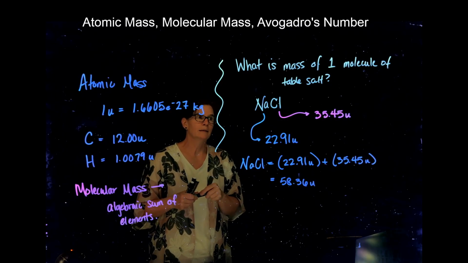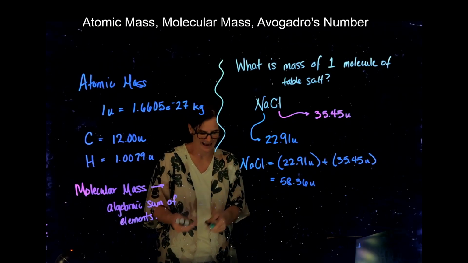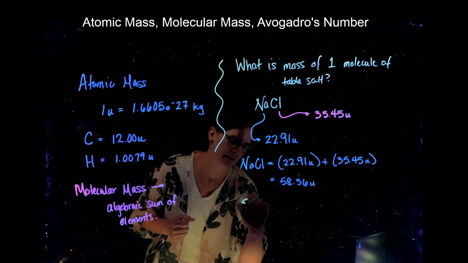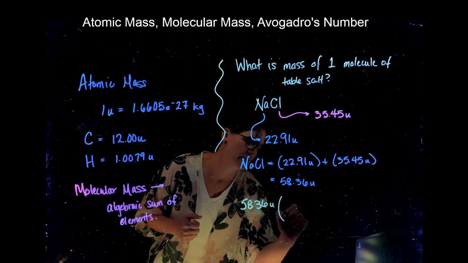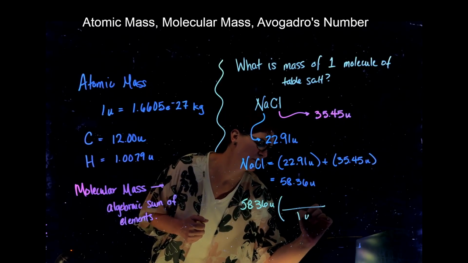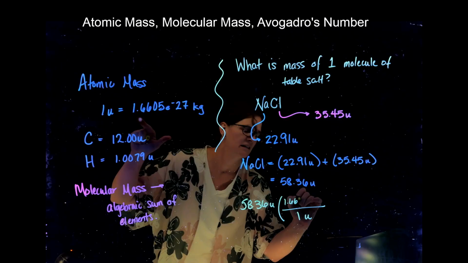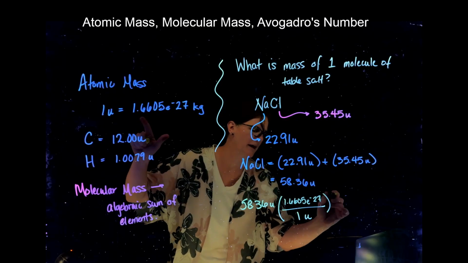sodium chloride. But how much mass in our standard unit of kilograms is that? Well, we know we have 58.36 U, and we know in 1 U there is 1.6605 times 10 to the minus 27 kilograms.